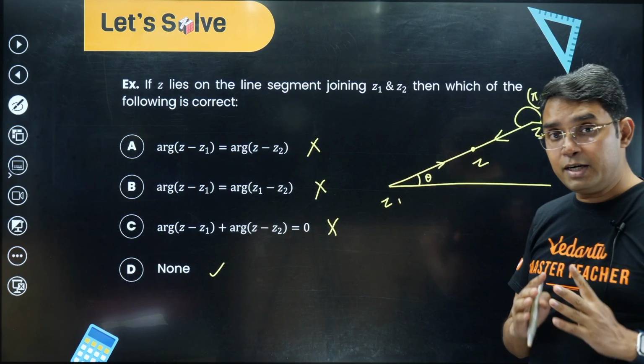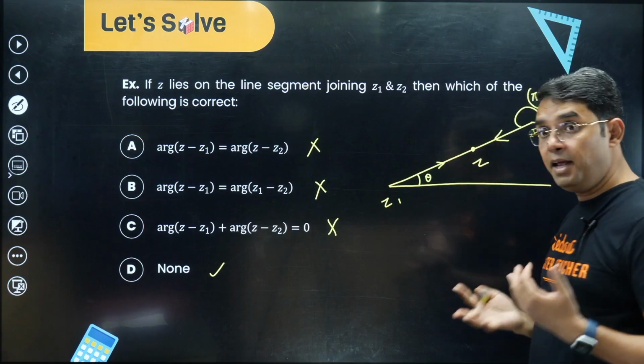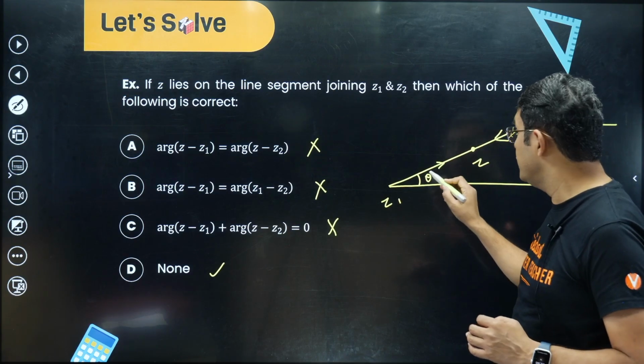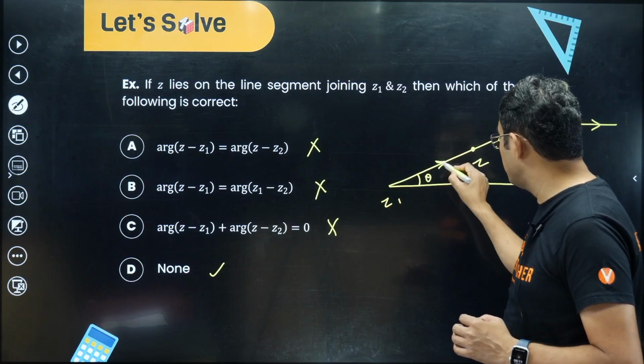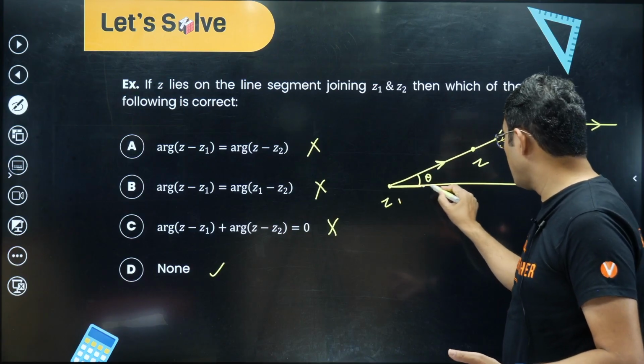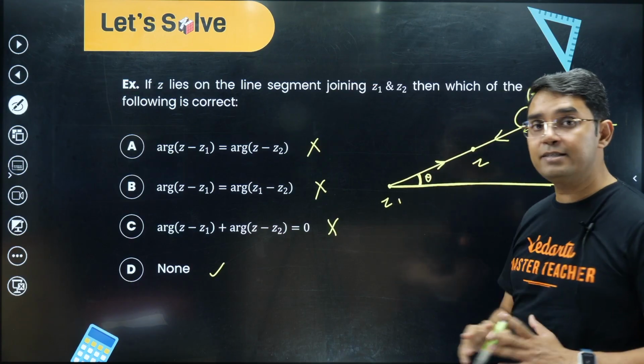Okay, I hope you have understood what I have said. I will repeat once more. This Z is lying in between Z1 and Z2. So in order to find the argument of Z minus Z1, we need to draw an arrow like this, and that is my initial point. Drawing the x-axis from this, that will be the argument of Z minus Z1.